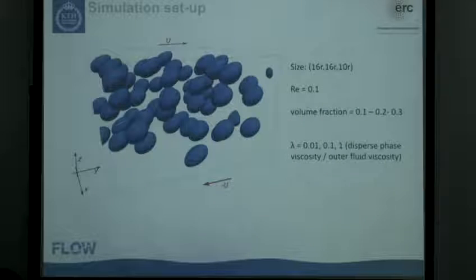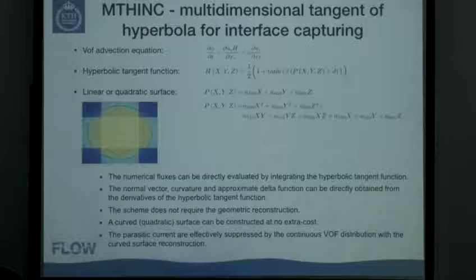So what we did, with simulations of these emulsions in shear flows, and here we use a method we basically copied from Japan, we can say. It is MTHINC, the multi-dimensional tangent of hyperbola for interface capturing. This is quite efficient because it's a volume of fluid method, and the numerical fluxes can be evaluated by integrating this hyperbolic tangent.